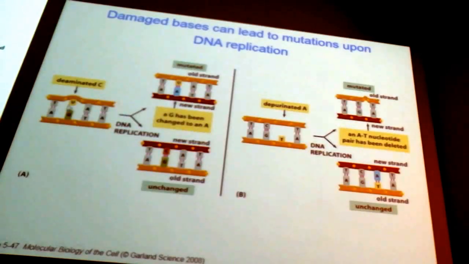When you have a U instead of a C, in the next round, that U goes on to base pair with an A, whereas the G is fine. So one of those cells now has a mutation that then can never be fixed going forward. So what you need is ways of detecting before replication that something is wrong. Okay? And it's that DNA repair mechanism that's really crucial to allow us to survive in harsh environments.